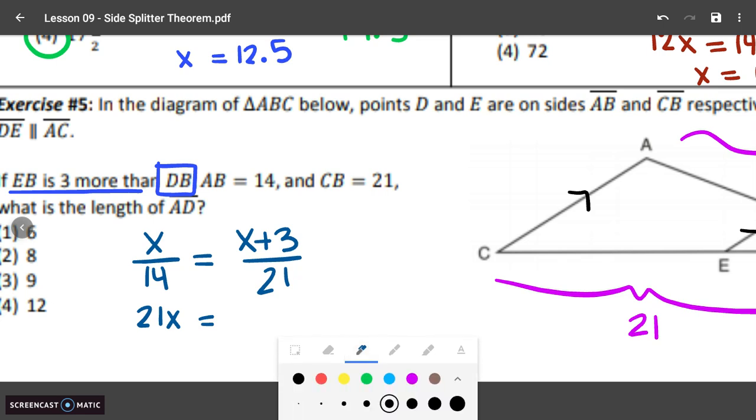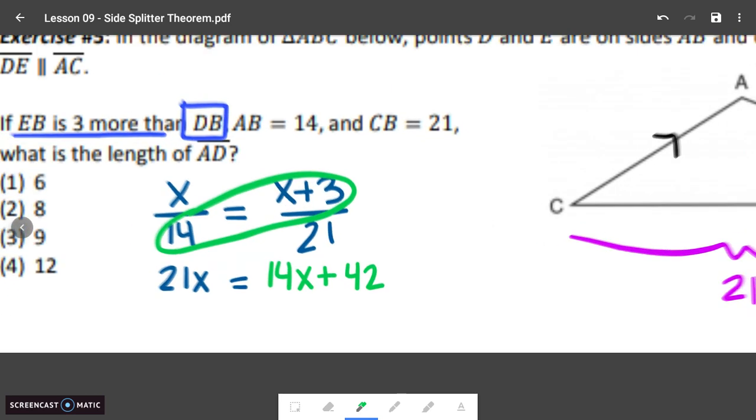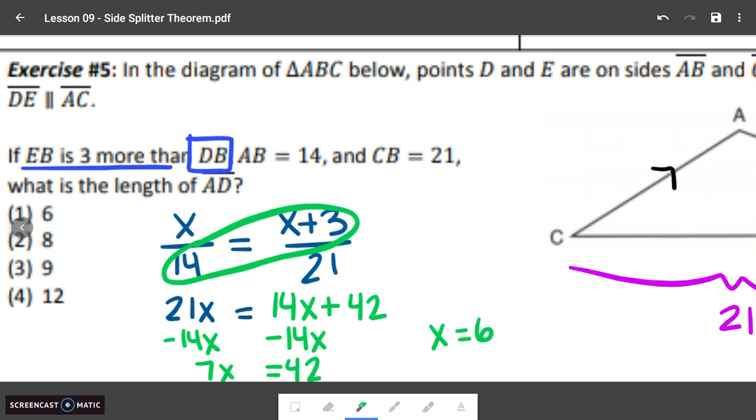What you want to look out for, though, is that 14 here is multiplying to both of these pieces. So we should have 14x plus 42. We want to distribute it to both parts. And then we can subtract the 14x from both sides. That means we're looking at 7x equal to 42 and x equals 6.